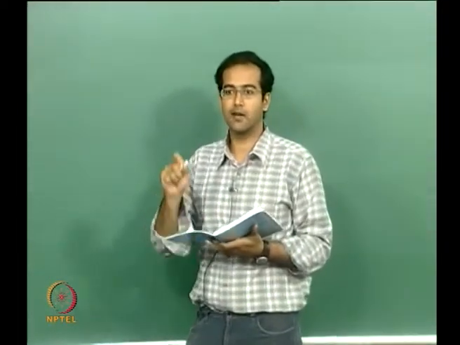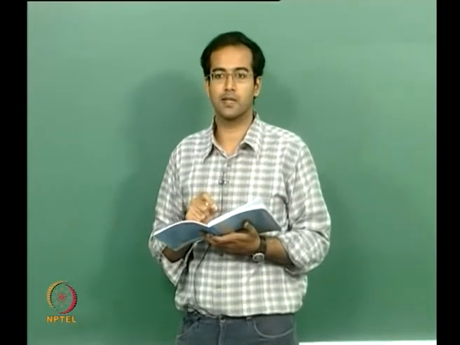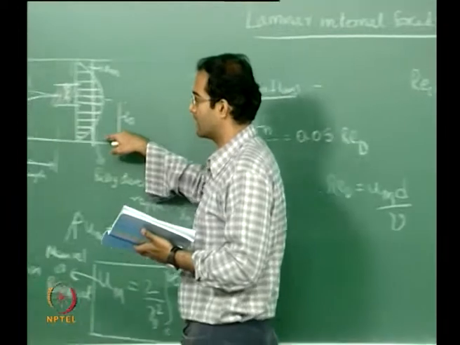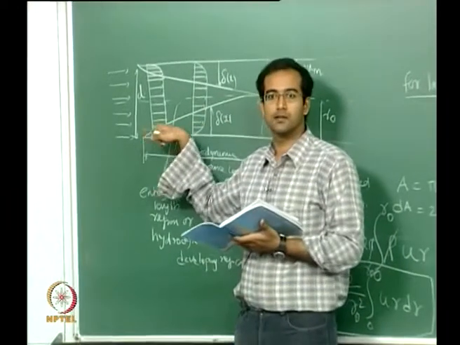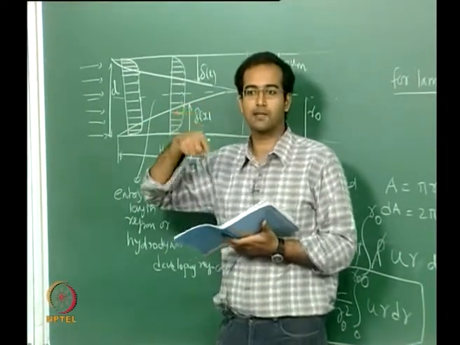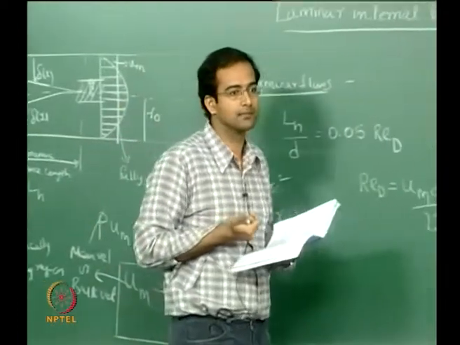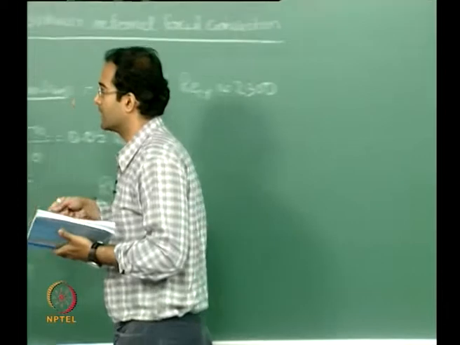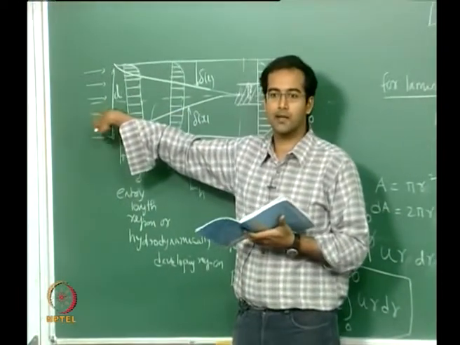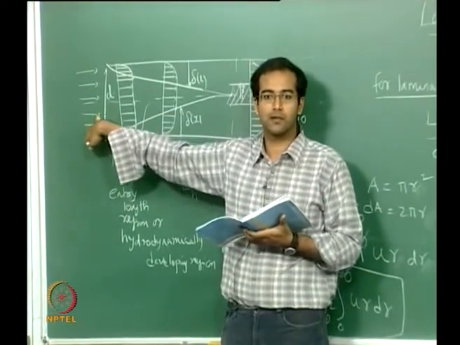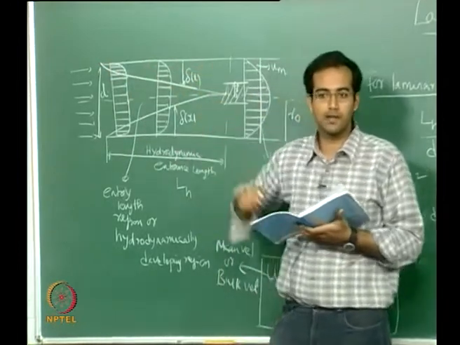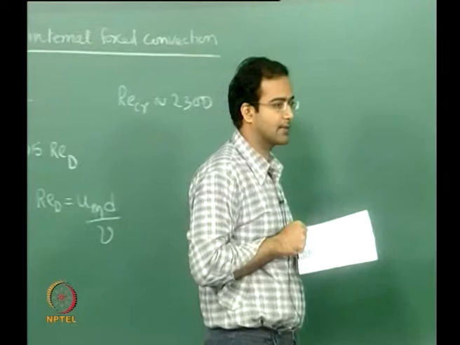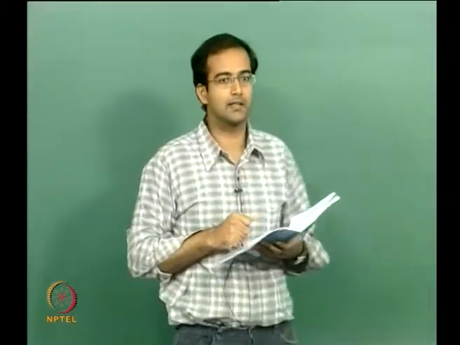This is once again an approximate value. It need not become turbulent exactly at 2300. In fact, if you maintain the walls of this channel to be extremely smooth, it can remain laminar even as high as 7000 or 8000. If the turbulent intensity at the inlet is so small that it cannot trigger early transition to turbulence, and if the walls of the channels are very smooth, the critical value can be as high as 8000 or 9000.